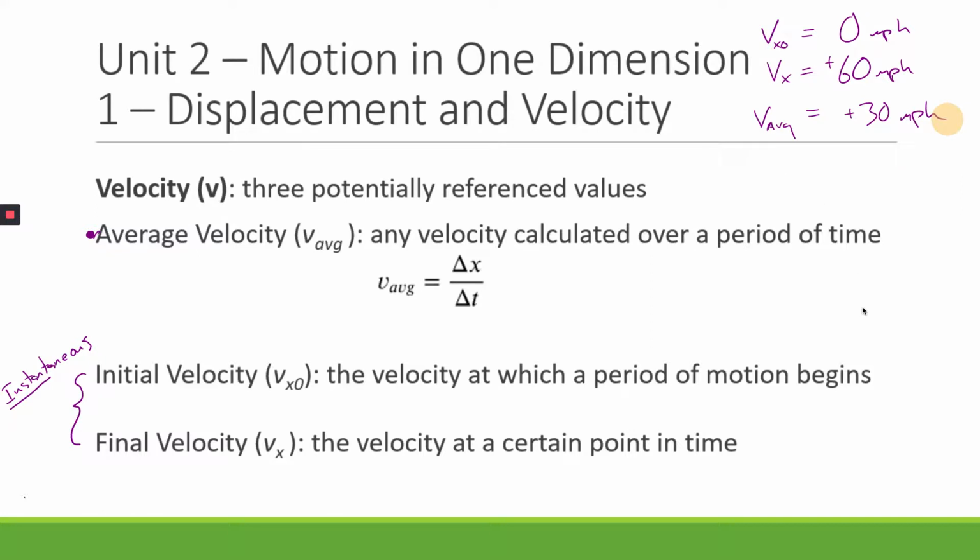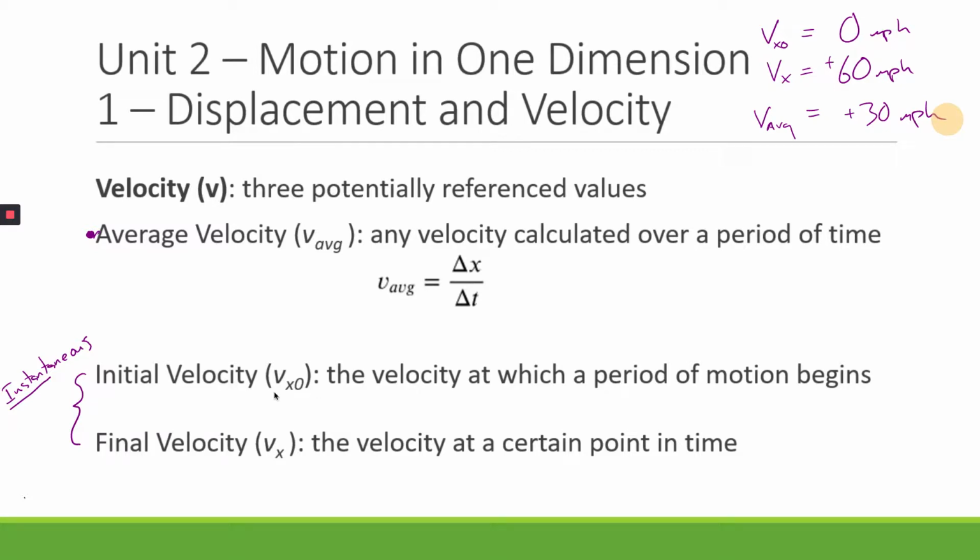All right, just some nomenclature stuff here. Vxo is initial velocity, and Vx is final velocity. Initial and final sound like the start of motion and the finish of motion, but it can be any 2 points in motion. You could start your initial velocity at 2 seconds and final could be at 8 seconds, and it's whatever you pick really.